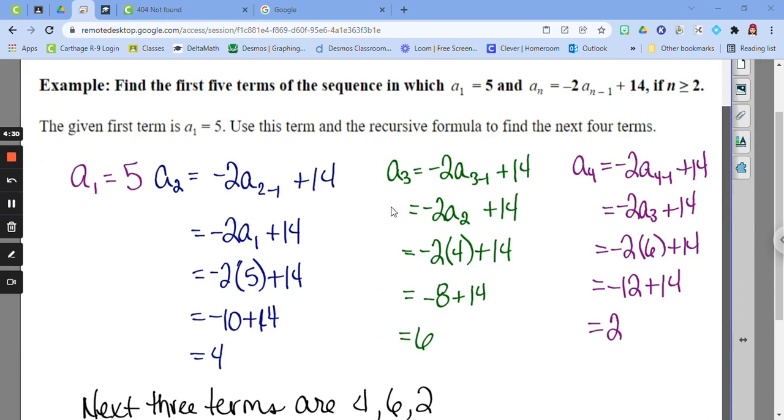Yes. What's the purpose of the subscript on the -2a? This one? Yeah. That's just telling you you're grabbing the previous term and multiplying the -2 by it. It's the formal notation. So what you're doing is -2 times the previous term.